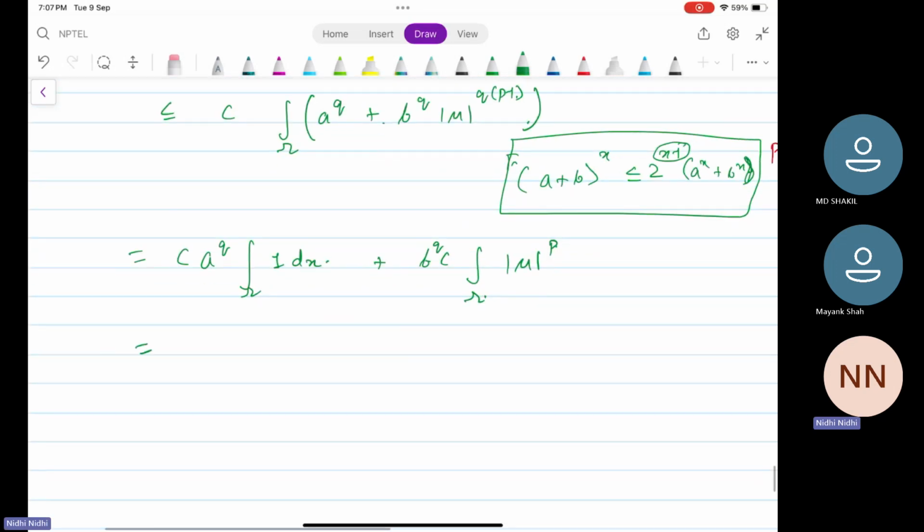Again, I'll write some constant c1 times the measure of omega, plus some constant c2 times the integral over omega of mod u to the power p. Now since u is in LP, this is eventually finite, since omega is bounded and u belongs to LP omega.